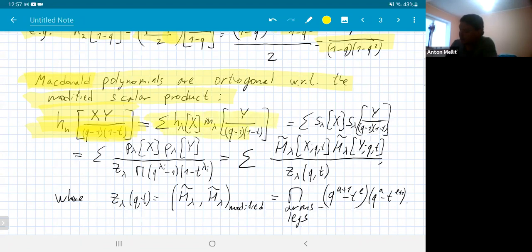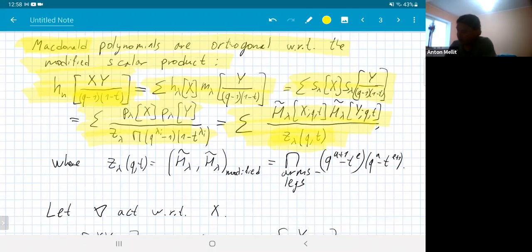So one expression is this one with H and M. You can write it as S and S, or you can write it with power sums. So you see that power sums are orthogonal. And Macdonald polynomials are also orthogonal, but there is this Z, now depending on q and t, and there is an explicit formula for the Z.